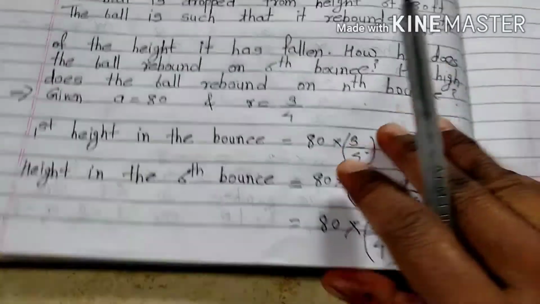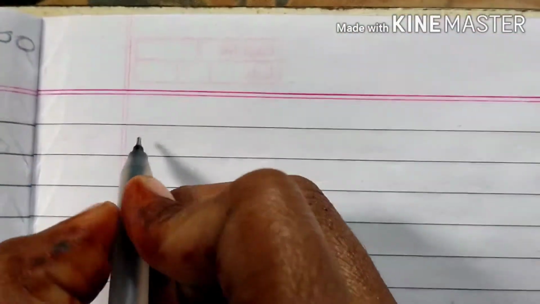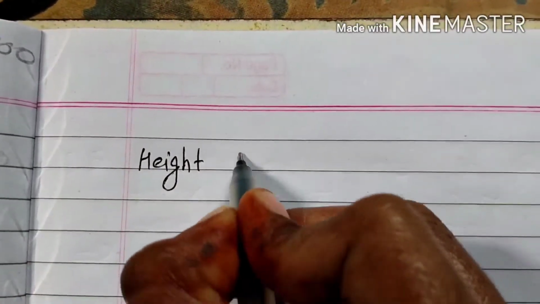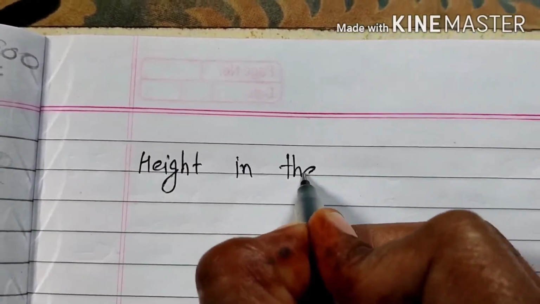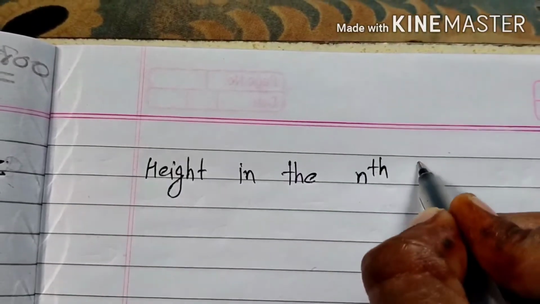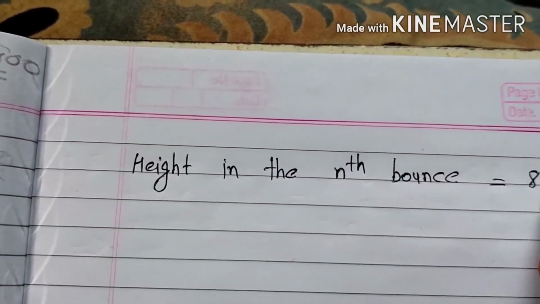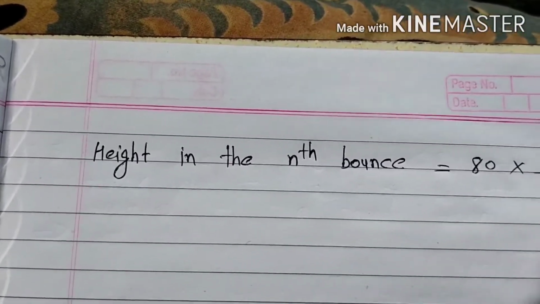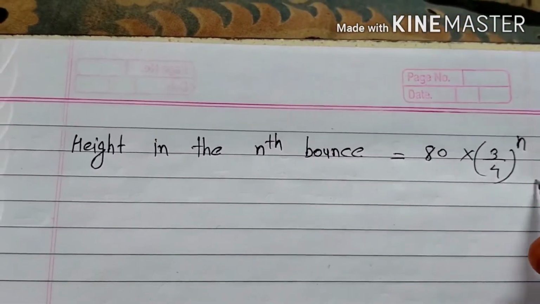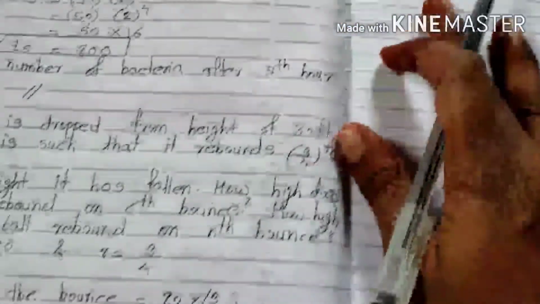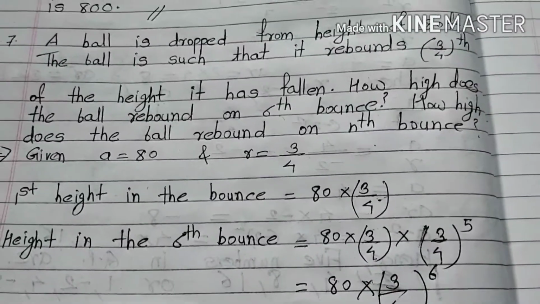So write height in the nth bounce is equal to 80 into 3/4 raised to n. So these are our nth bounce and our sixth bounce which we can calculate.